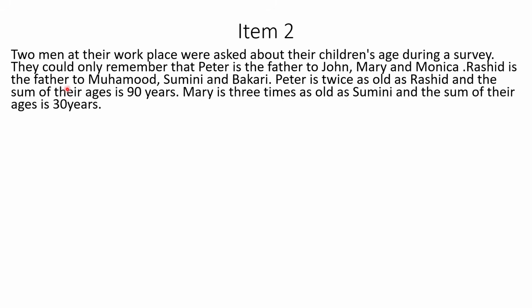Rashid is the father to Muhammad, Sumin, and Bakari. Peter is twice as old as Rashid, and the sum of their ages is 90. Mary is 3 times as old as Sumin, and the sum of their ages is 30 years.